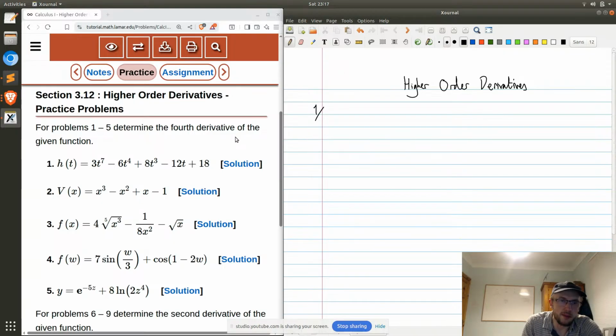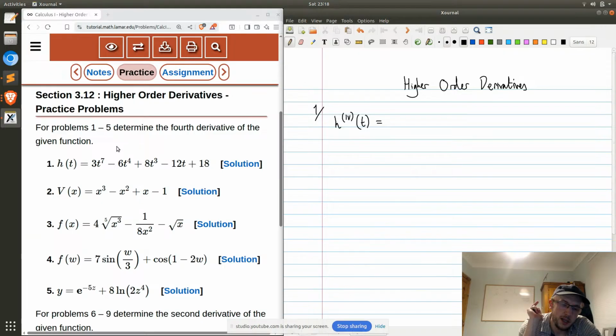Determine the fourth derivative of the given function. Great. So I get to do my favorite, where I put an IV there like that. And I must differentiate things 4 times over. So I do it once, I get 21t to the 6.